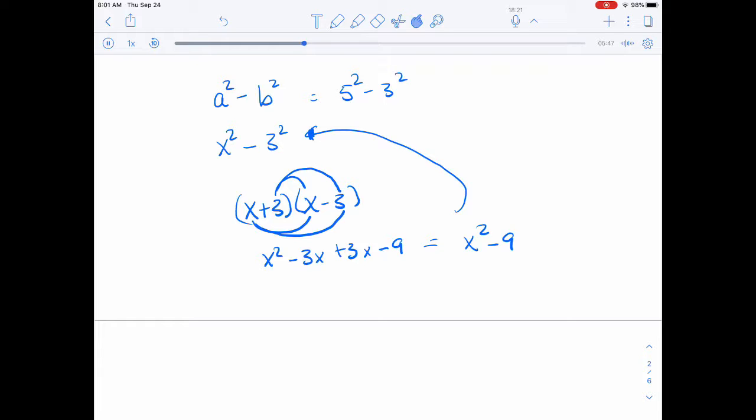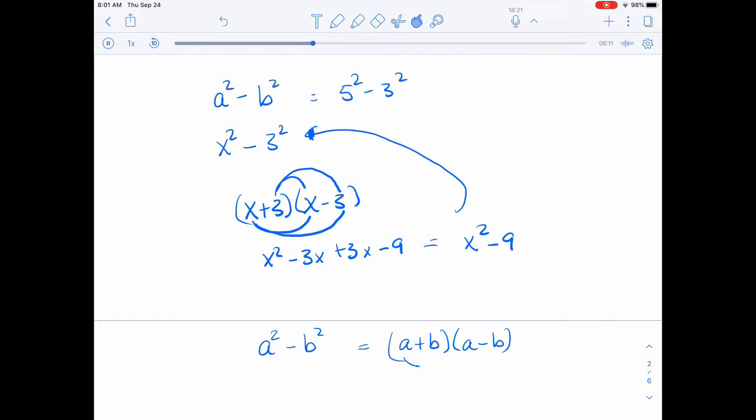Let's try another one. What if we had a squared minus b squared? Well, that's the product of a plus b multiplied by a minus b. Let's go ahead and distribute.